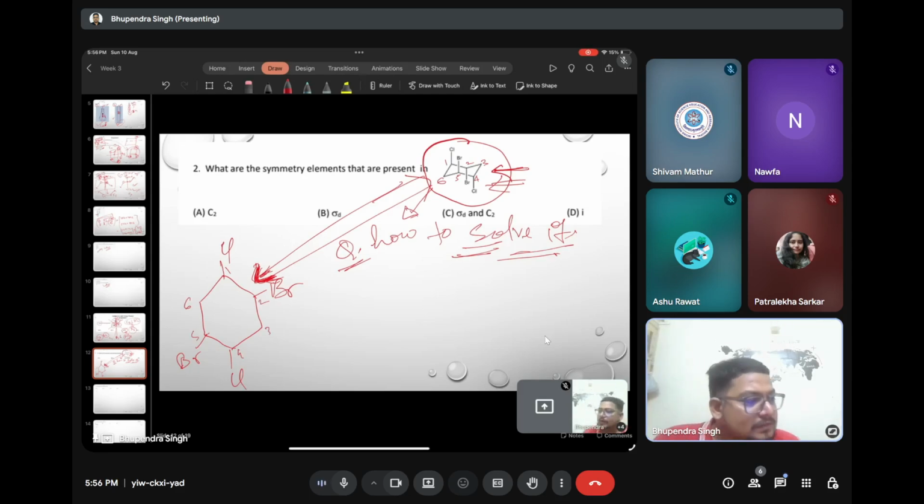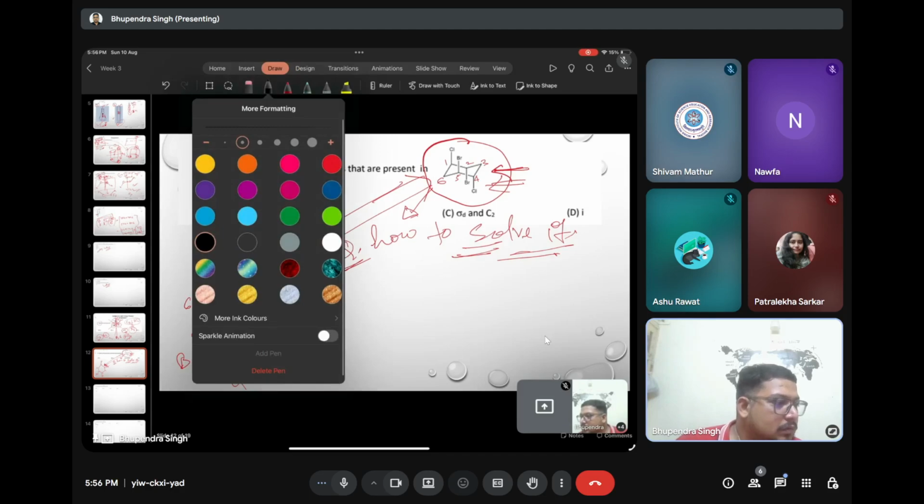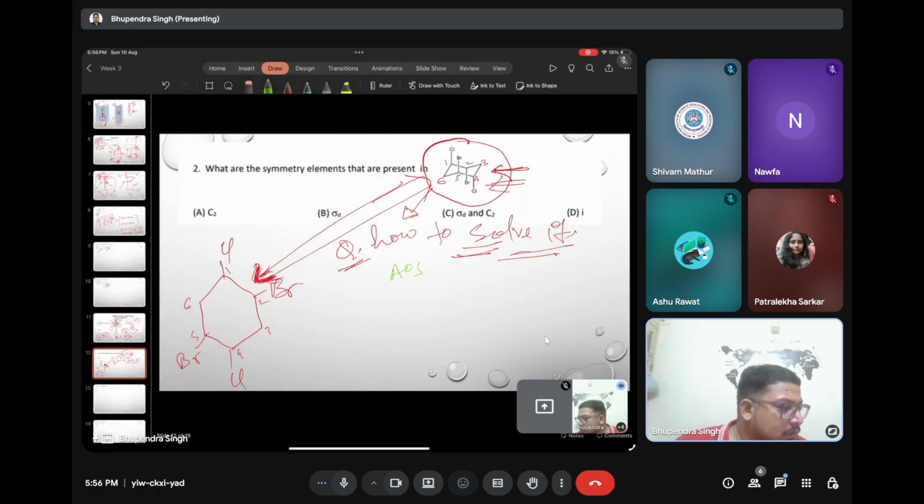Now tell me, what are the symmetry elements present in this molecule? Then we will also find the point group of this molecule. They have not asked, but we will find out the point group. Try to find out. AOS, POS, I, and IOS.